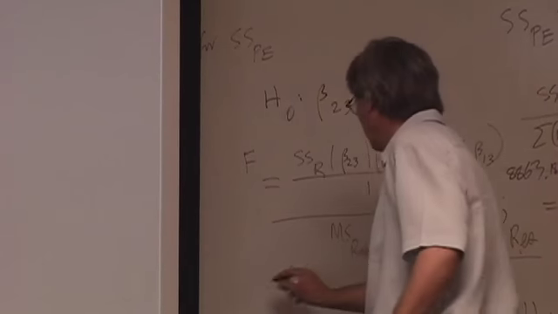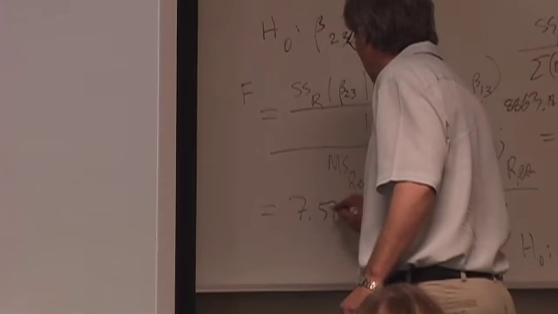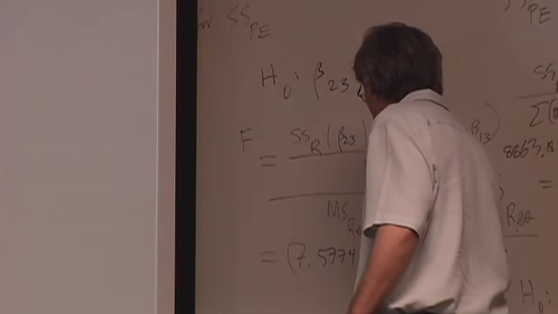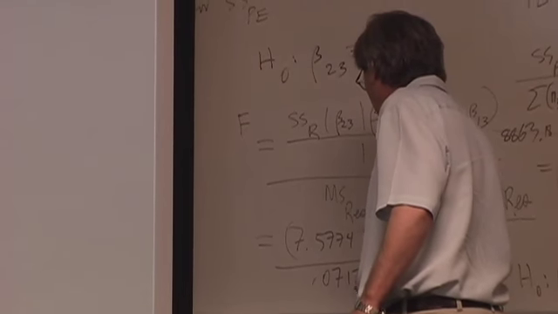And so this comes out to be 7.5774 squared divided by 0.0717.